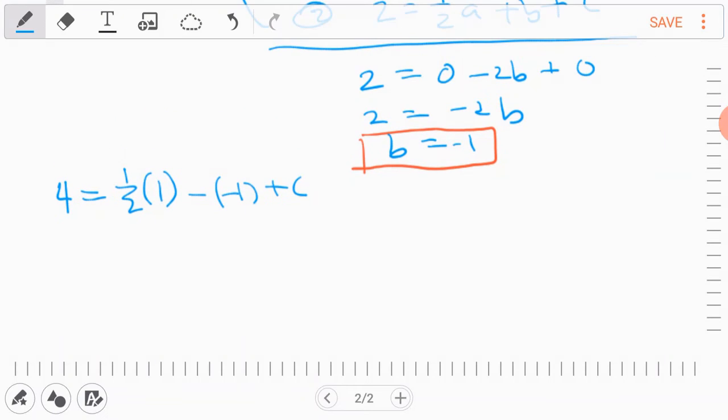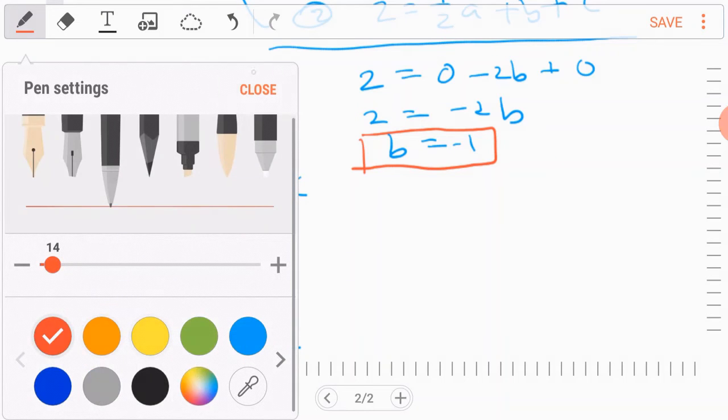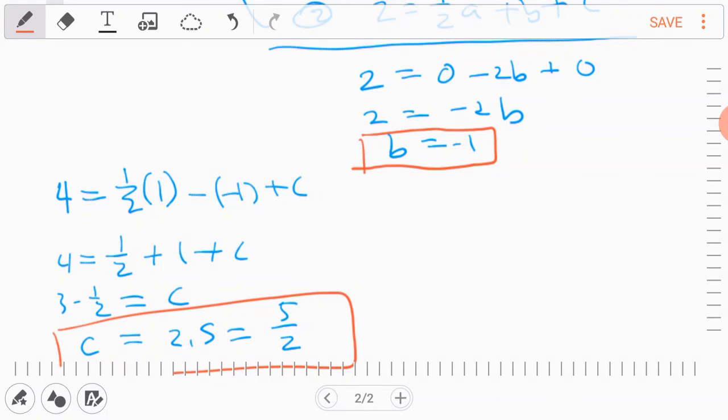Solving this, we get 4 is equal to 1 over 2 plus 1 plus c. And then we can do 3 minus 1 over 2 is equal to c. And we get c is equal to 2.5, or 5 over 2. And that is our final constant solved.